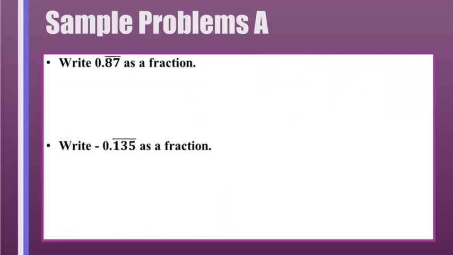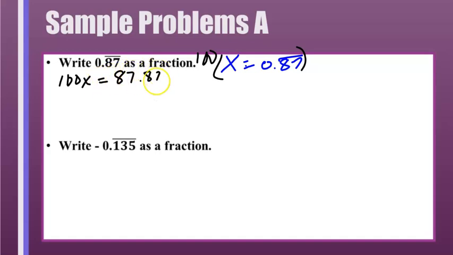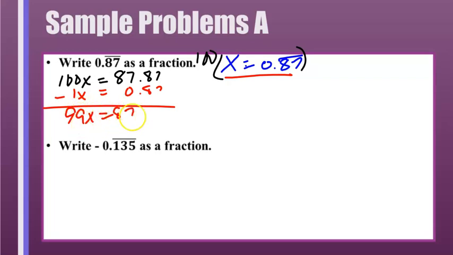Next, we want to write this as a fraction. So we have x equaling 0.87 with the 87 repeating. Since there are 2 decimal places, I multiply this by 100, and I have 100x equaling 87.87. Subtract this here, so I subtract 1x equaling 0.87. That's going to give us 99x equaling 87.